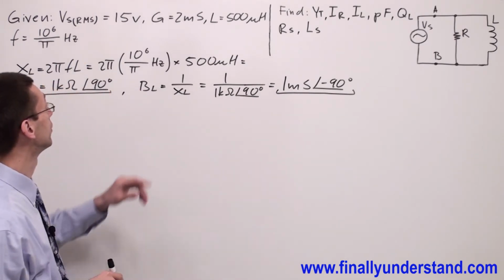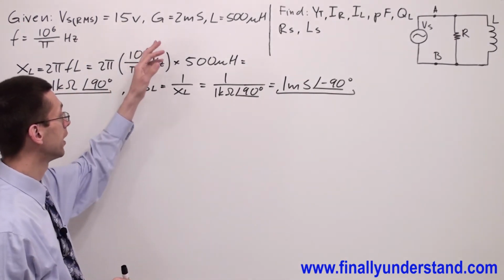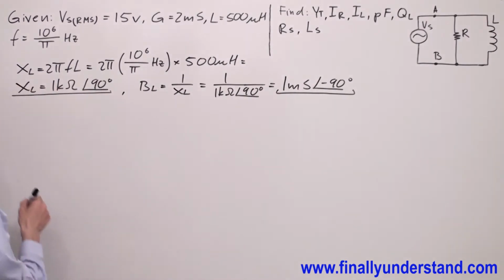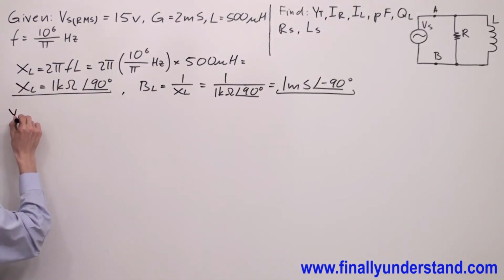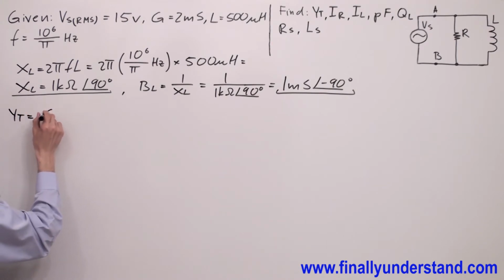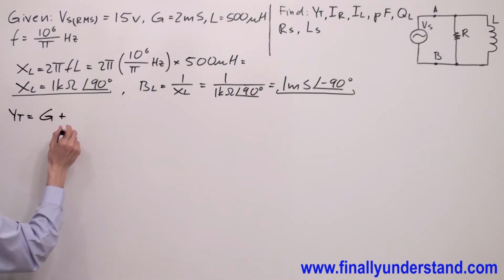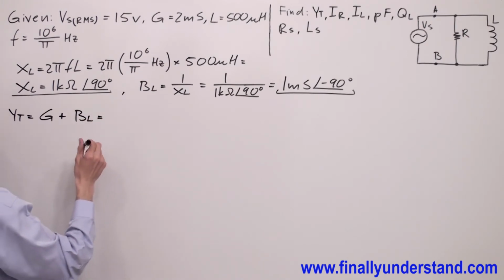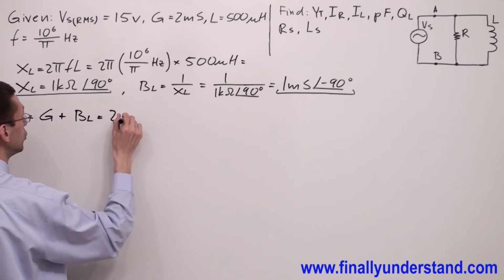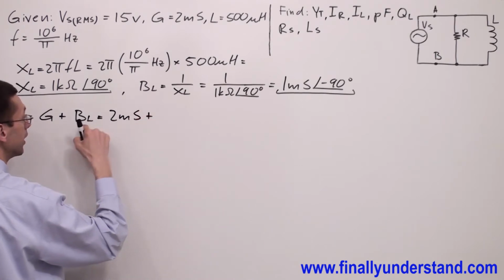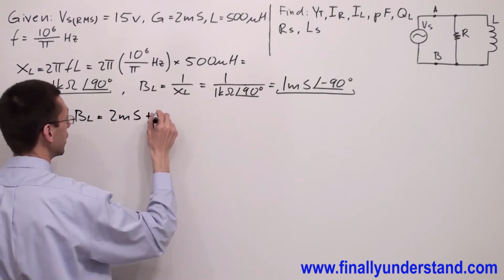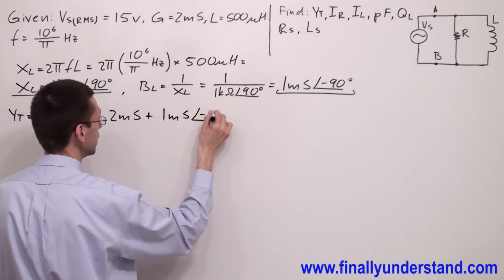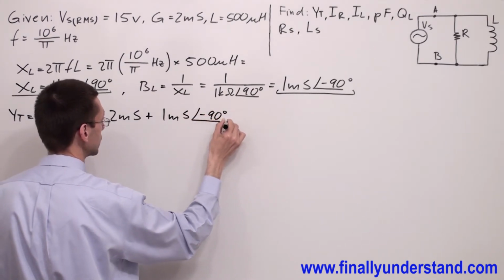If I have conductance and susceptance, I can find very easily the total admittance. I have Y total equals G plus B_L, where G is equal to 2 millisiemens and B_L is equal to 1 millisiemens and angle of negative 90 degrees.